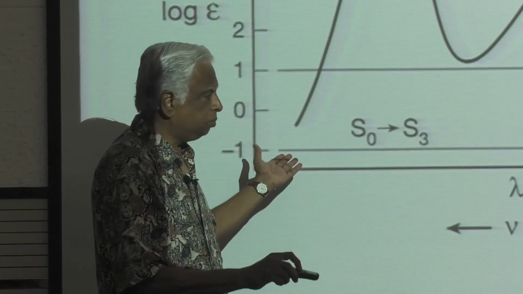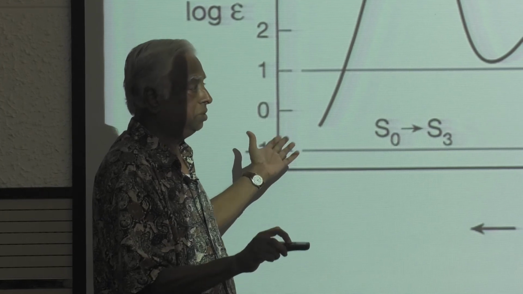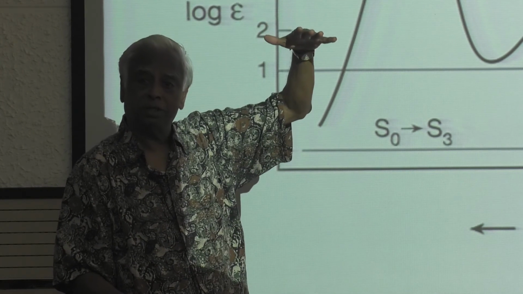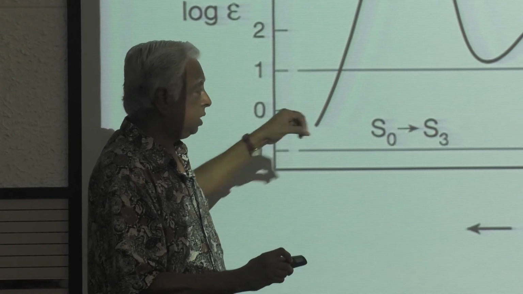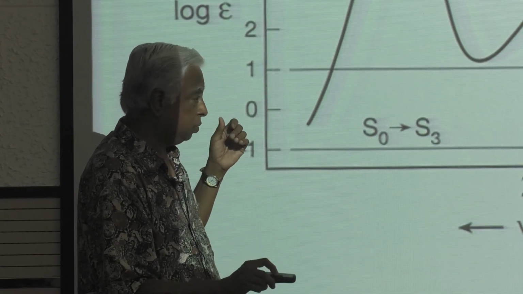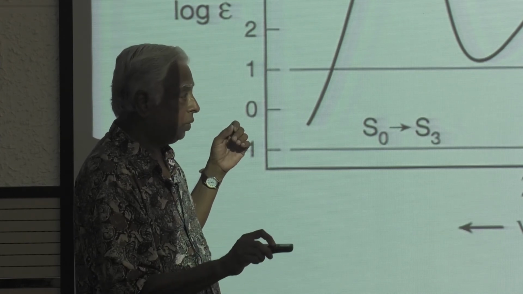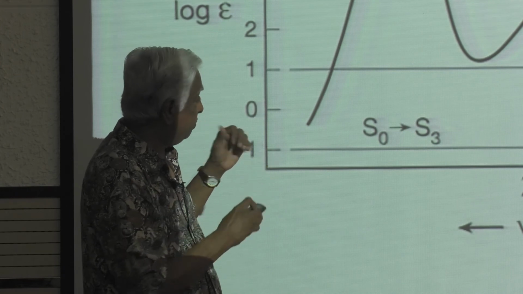So if you have, for example, S0 to S1, S0 to S2, S0 to S3, the gaps are different. You can see here, S0 to S1, you see the absorption. S0 to S2, going to this state, there is an absorption. Going from S0 to S3, there is another absorption.